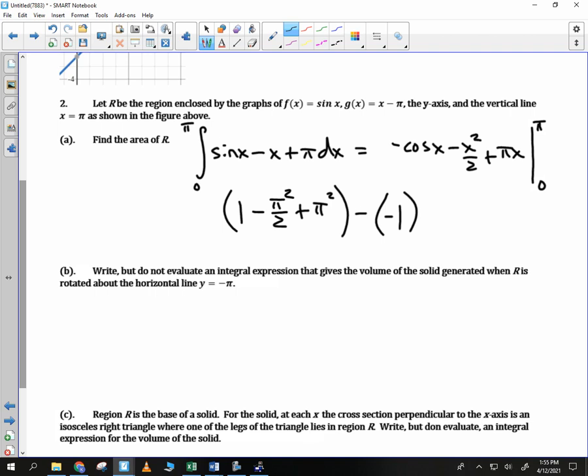If you set it up, and if you use your calculator, that's fine for right now. This one would be a non-calculator problem on the test. They would have you set it up as 0 to pi of sine of x minus x plus pi after you distribute the subtraction sign.